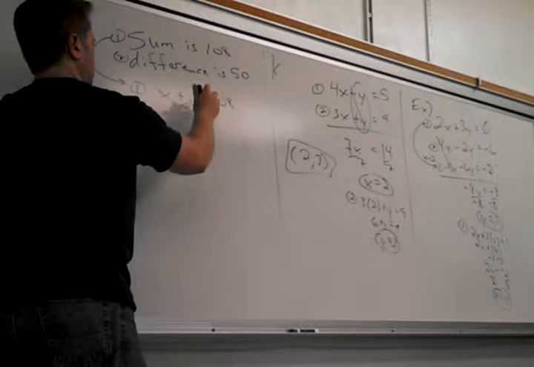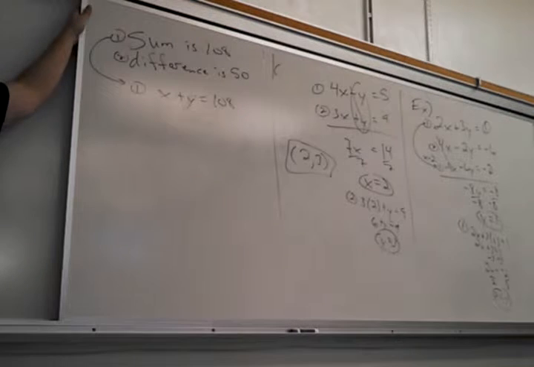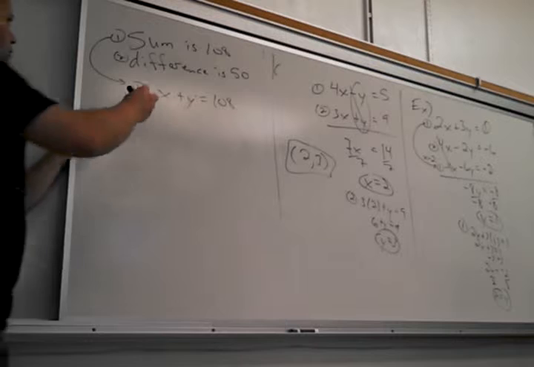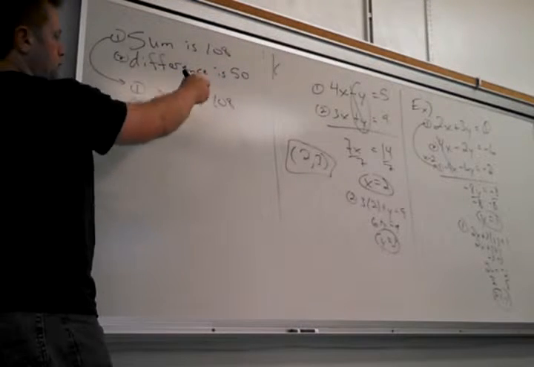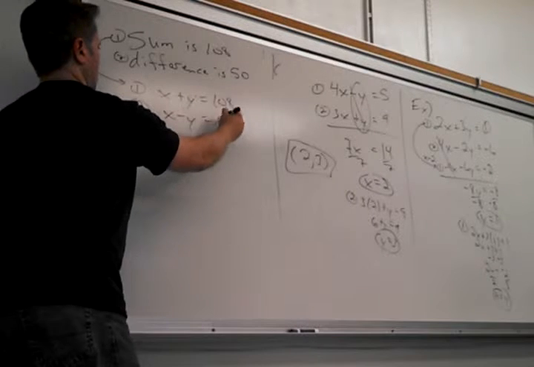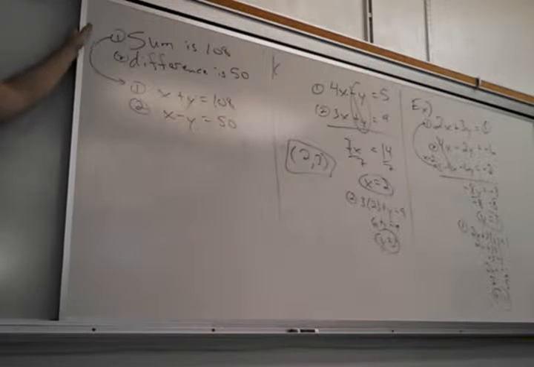And you can be creative with your letters. You don't always have to use x and y if you don't want to. You can use L and W, or happy face and box. I don't care, because they're all placeholders. But now that we picked x and y, we have to keep doing it. Their difference is 50. And that sounds a lot like that first thing. That's not really what I would call a true word problem. It's like one step away from the map.